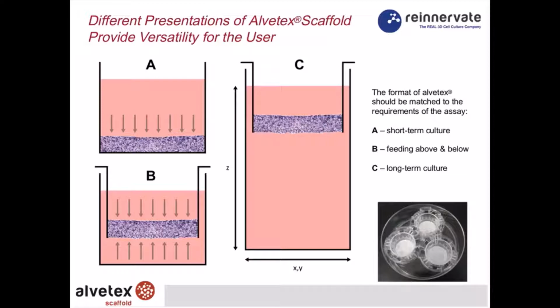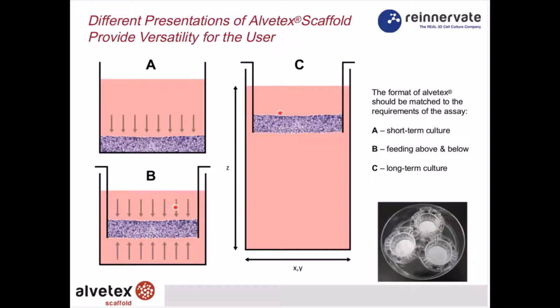So in scenario A, we have a situation where the scaffold is presented on the base of a multi-well plate, such as the 12 or 24 well plates, and medium supplementation from above only. In the well inserts, we have medium supplementation from below and above, as you can see.